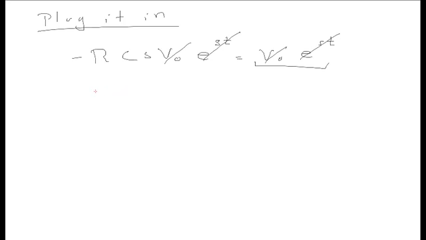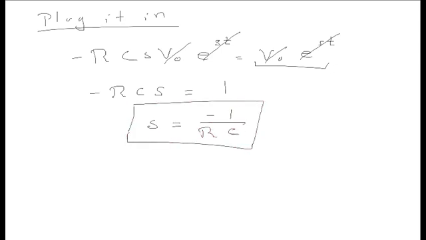So we're left with negative RC s equals 1, or s is negative 1 over RC. Very commonly, we allow the variable tau equals RC, and this is called the time constant.